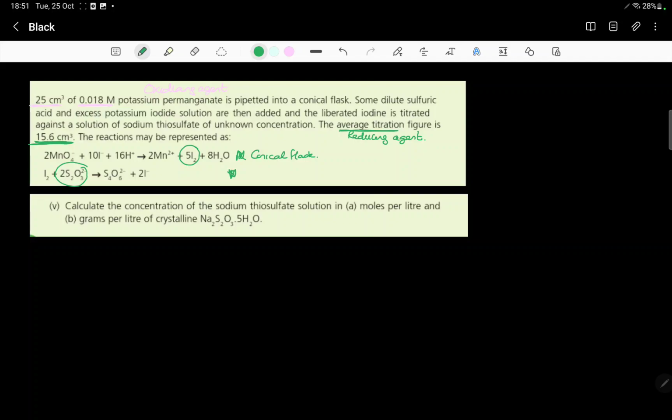So the question is, calculate the concentration of the sodium thiosulfate solution in moles per litre and then in grams per litre. So what I'm going to do is I'm going to look at all of the information I have under the two headings of the oxidizing agent and of the sodium thiosulfate.